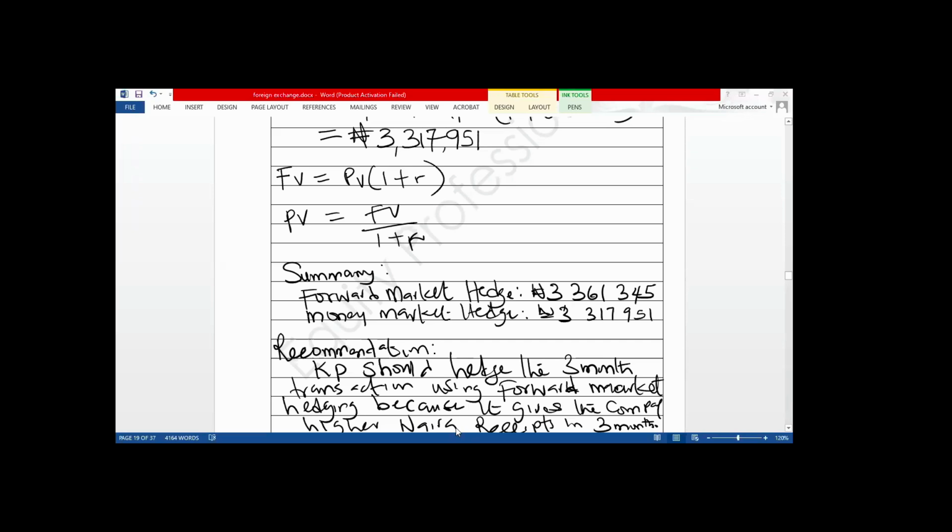You can approach your bank to explain that my customer in Ghana will pay me $6 million in 3 months' time. So I want to hedge against that money. I want to use the money market to hedge.